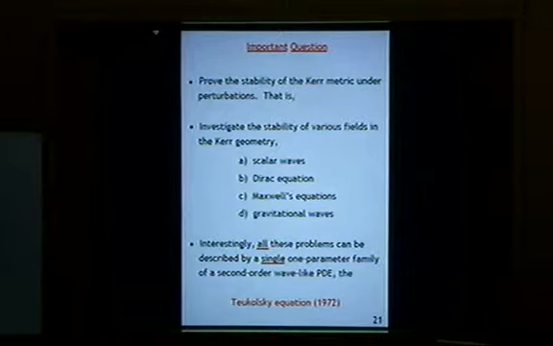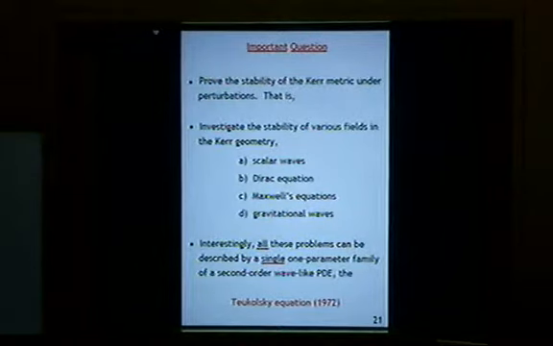It depends on the geometry. Dirac equation is the general relativistic extension of the famous Schrödinger equation from quantum mechanics. And then you have Maxwell's equation in that geometry. And then you have something called gravitational waves. So there are these four different physical situations, and you want to see how these are. Are they stable in the Kerr geometry?